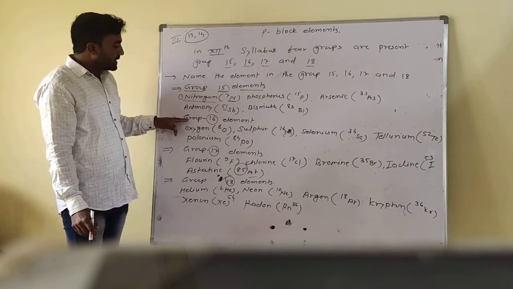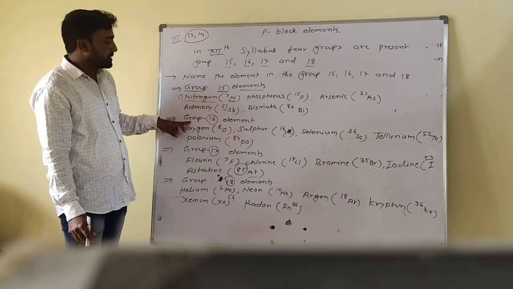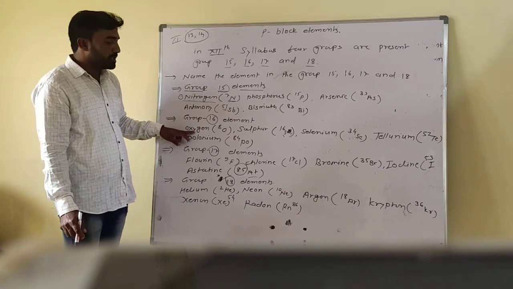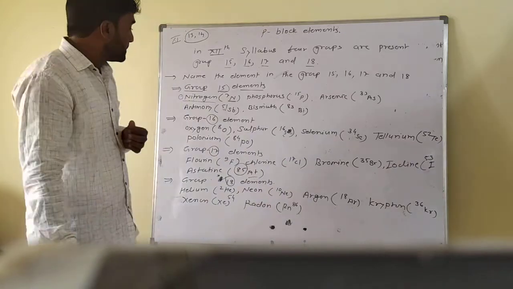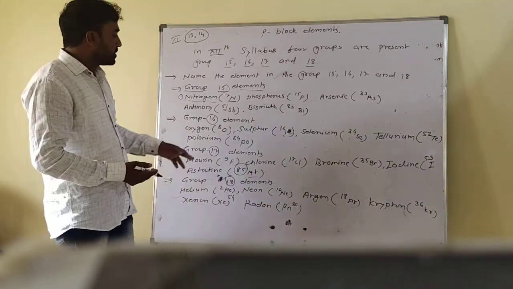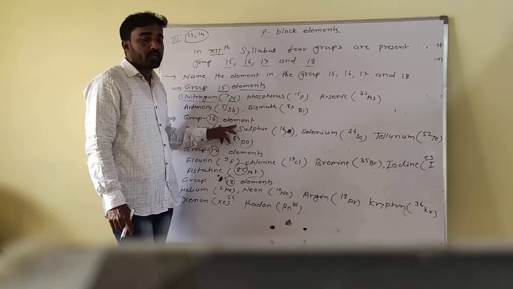Now the second group, group 16, also includes five elements. Oxygen is the first element of group 16, which is why this is the oxygen family. Oxygen has symbol O and atomic number 8.